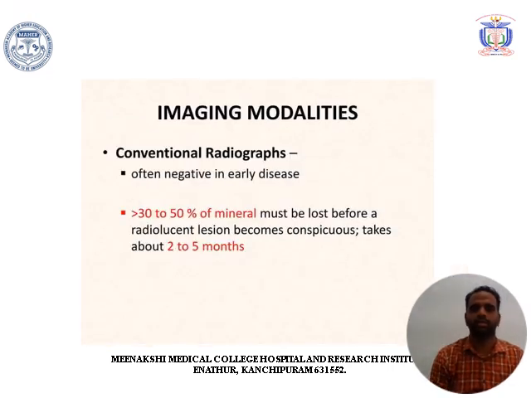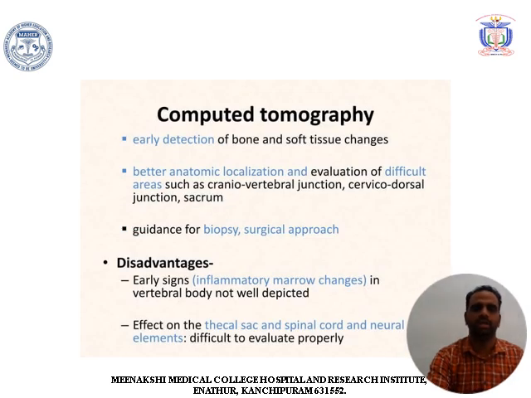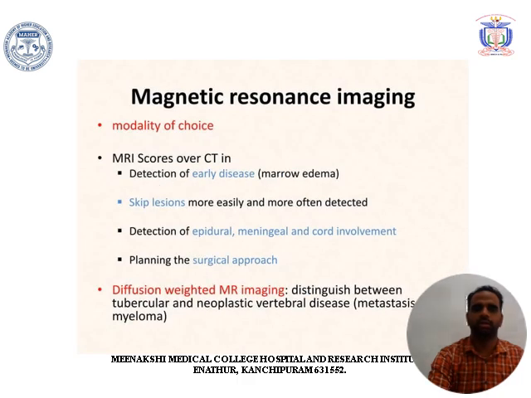Imaging modalities: conventional radiographs include X-ray. There will be early detection and better anatomic localization, but disadvantages include that the soft tissue, spinal cord and neural elements cannot be evaluated properly. MRI is the modality of choice, where you can see early disease, skip lesions, meningeal involvement, and it is very important for planning the surgical approach.